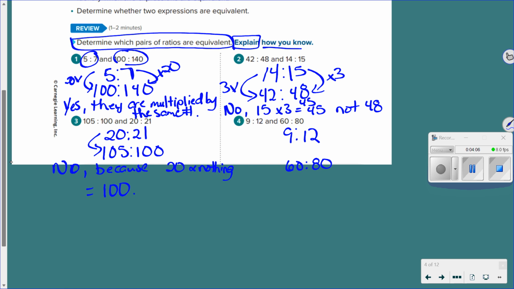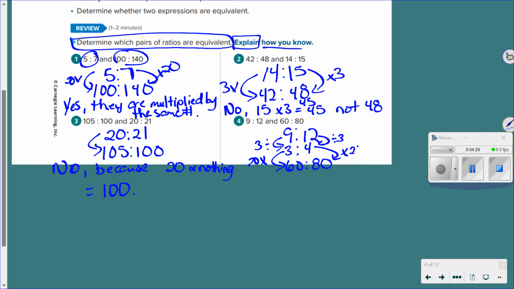Can I do something to 9 to get to 60 evenly, Jared? I can divide 9 by 3 and 12 by 3, and I get 3 to 4. Now, what would I do to 3 to get to 60 evenly? Times 20. And 4 times 20 is?